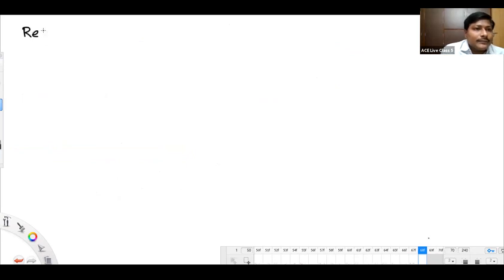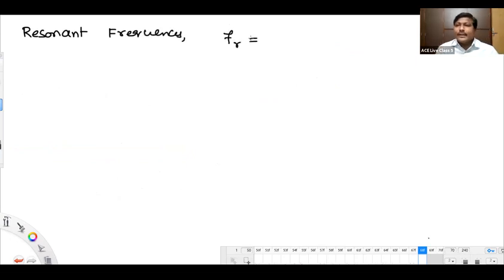Resonant frequency, I'll call it FR. The formula for this is FR equals 1 by 2 pi root LC. That is the resonant frequency FR.